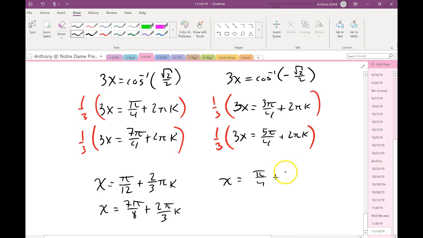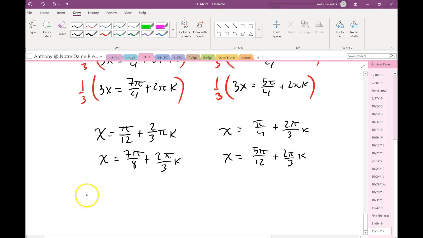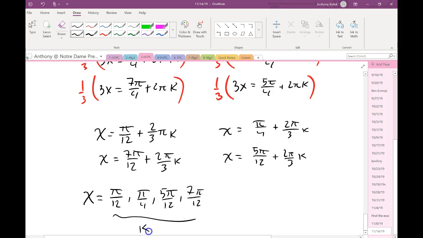Plus 2/3 pi k, and also 5 pi over 12 plus 2/3 pi k. I wrote an 8 there. Jeepers creepers.